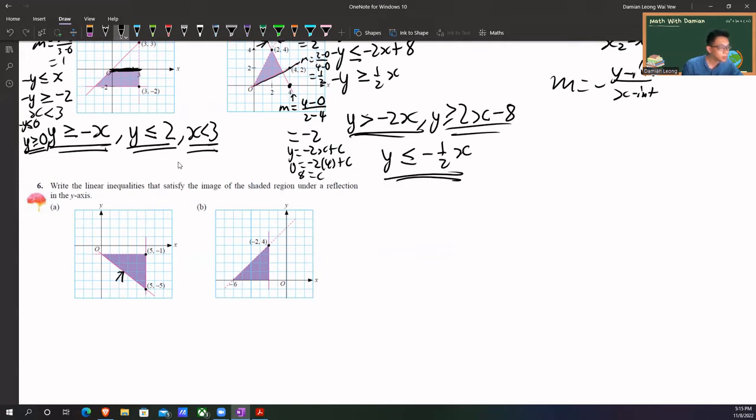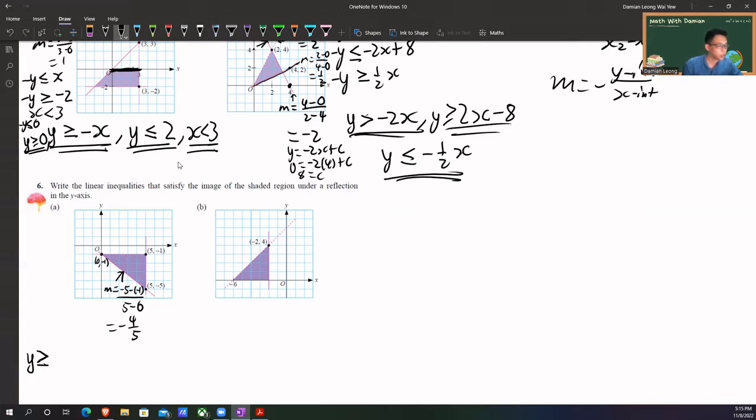This gradient. So I have here 0, -1, and 5, -5. So -5 minus -1 over 5 minus 0, -4 over 5. Okay. C is -1. So shaded region above means more, solid line, that's equals.